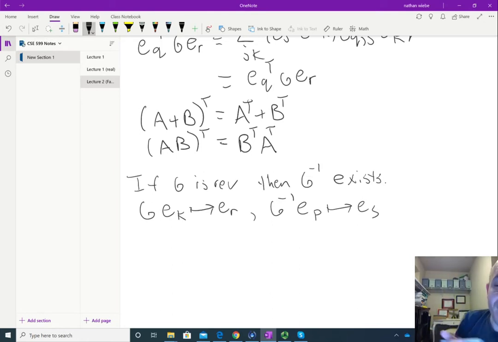Basically, all I'm trying to say here is that, apart from the inverse existing by definition, that inverse also has to yield elements that are in the same set.